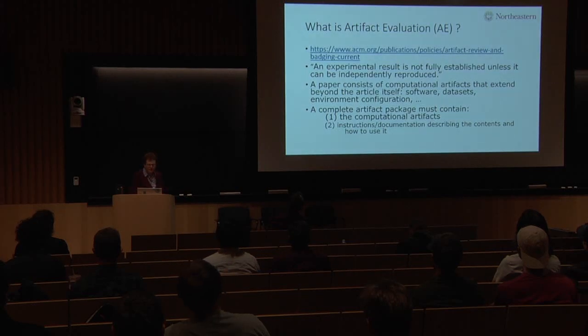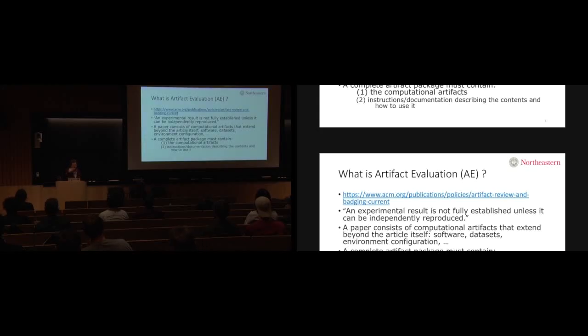So artifact evaluation has been going on. It came out of the software field. I think it definitely started with ACM, and it started with Transactions on Mathematical Software. But basically, the idea is to establish the results in a paper by having someone independently reproduce them.